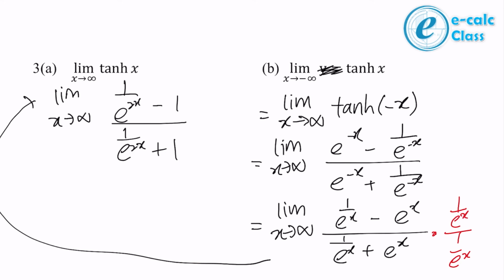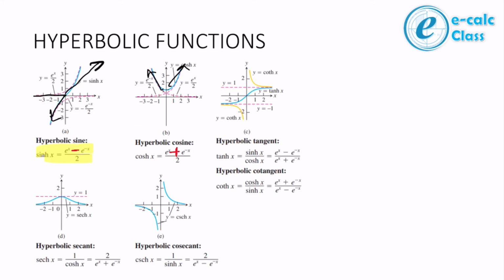Okay, this is 0, this is 0, hence it is negative 1 over 1, which is negative 1, finish. Then you check the graph. Just now when it is approaching positive infinity, yeah, it is 1. If it is negative, then it is negative 1.